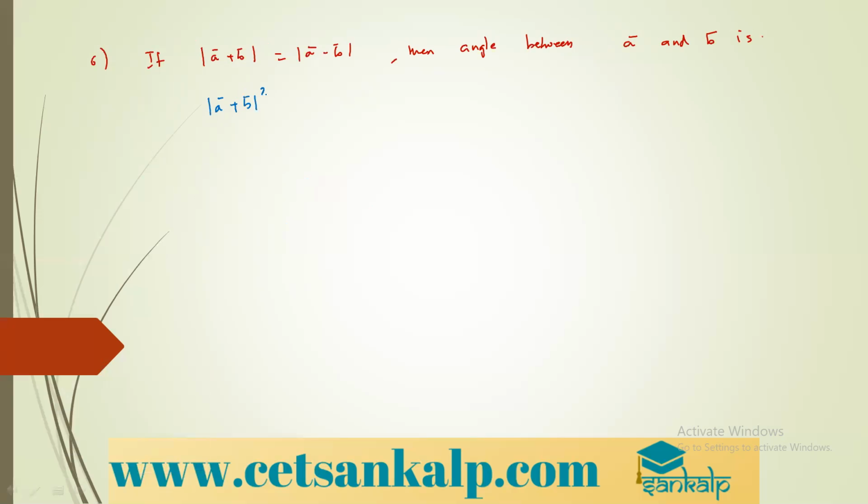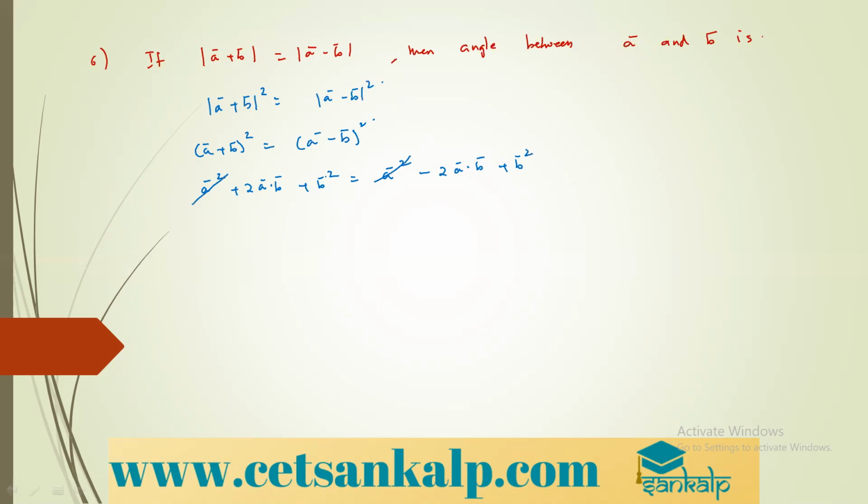Magnitude of A plus B square equal to magnitude of A minus B square, or A plus B square equal to A minus B square, or A square plus 2 times A dot B plus B square equal to A square minus 2 times A dot B plus B square.